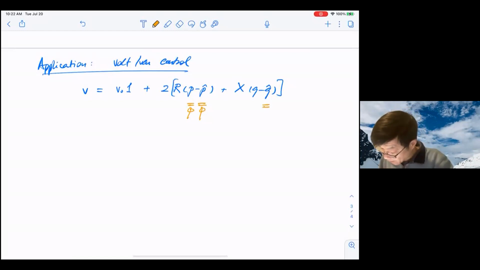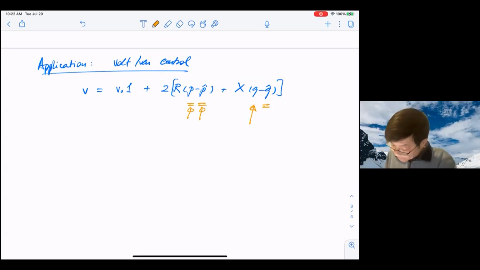And similarly for the Q. So Q bar is uncontrollable injection, reactive power injection. You can think of that as a load. And then the only controllable variables are the Qs. So this can be the output of the smart inverters. Right?